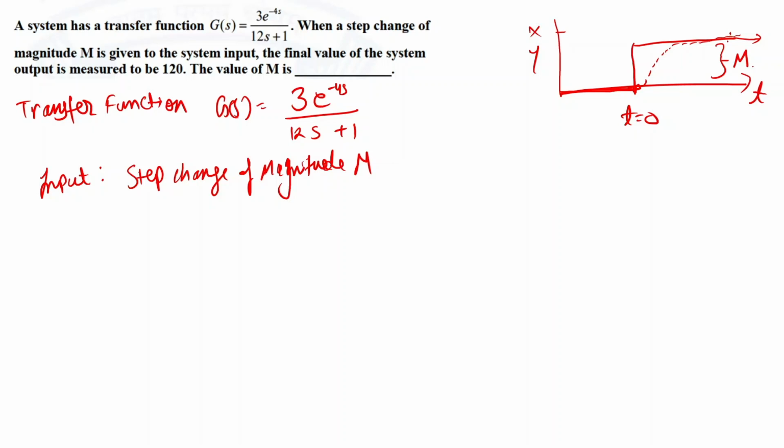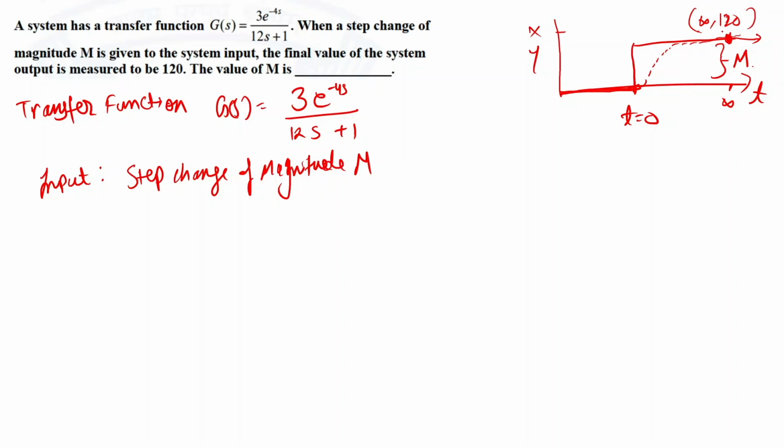We have been given that the final value of the system is measured to be 120. So over here, the time taken by the system will be infinity, comma 120.